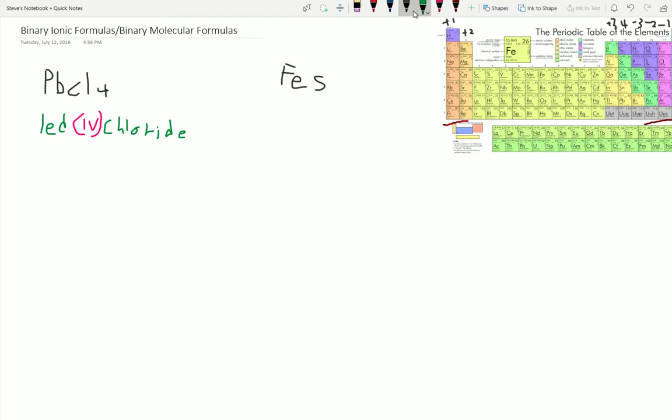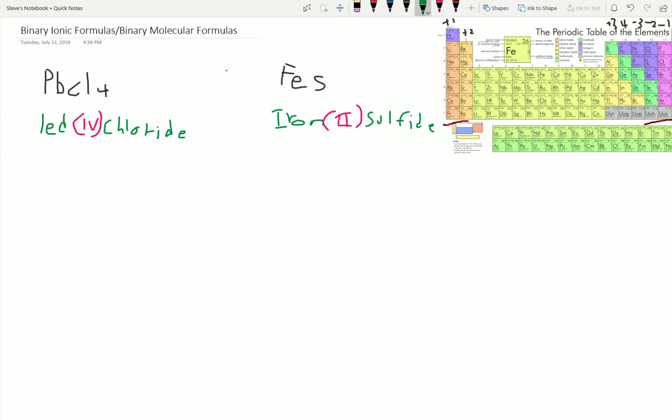Now here, this is iron, two, sulfide. Now if you look at the first problem, we see that the chlorine has a 4, and the name has a 4.